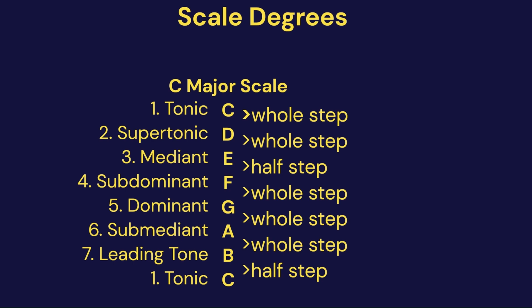In A harmonic minor, the seventh scale degree is raised by a half step and it becomes a leading tone. Because G to A is a whole step, but if you make it a G sharp, it makes it a half step, which makes it a leading tone to A, because A is the tonic in A minor.